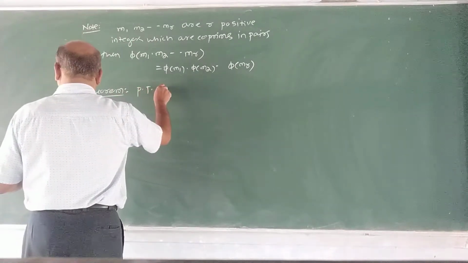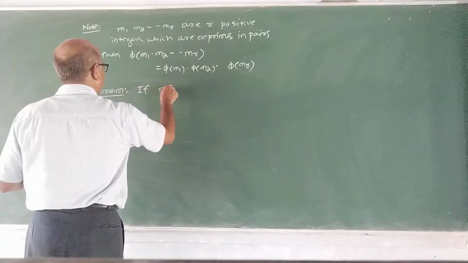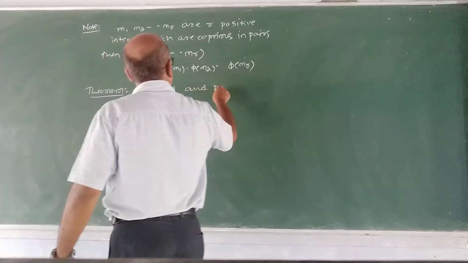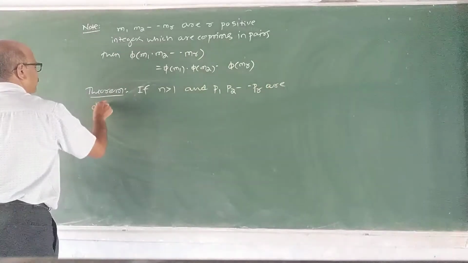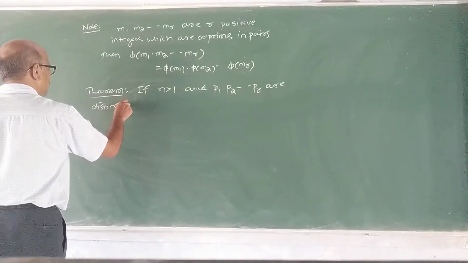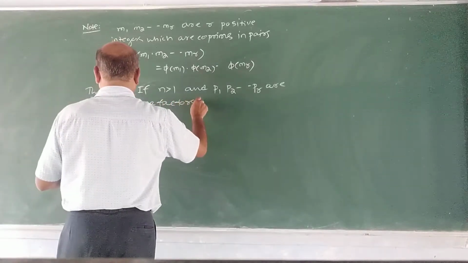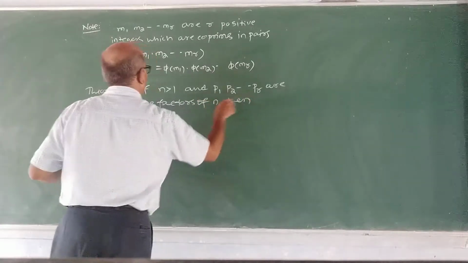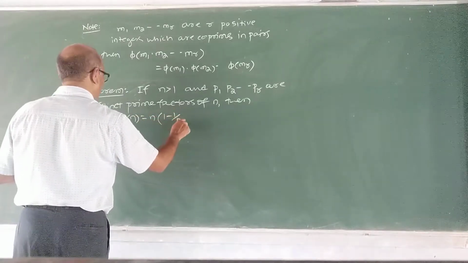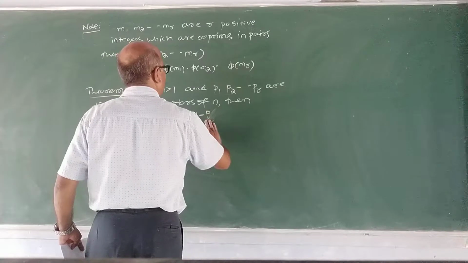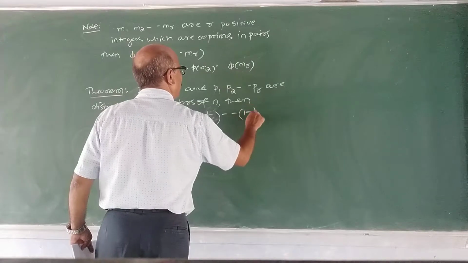The statement is like this: if n is greater than 1 and P1, P2, ..., Pr are distinct prime factors of n, then phi of n is n into 1 minus 1 upon P1 into 1 minus 1 upon P2, etc., into 1 minus 1 upon Pr.